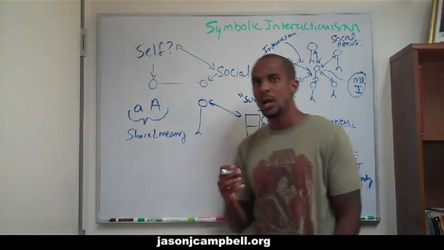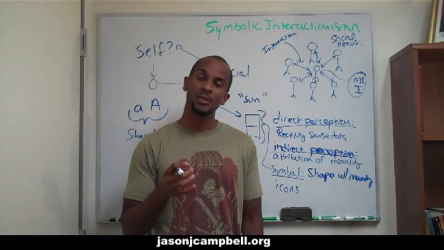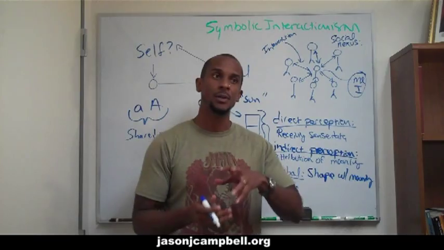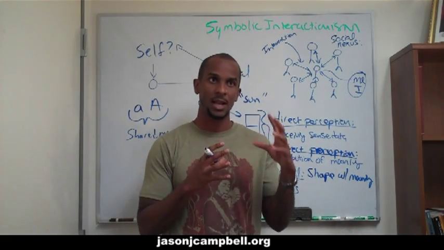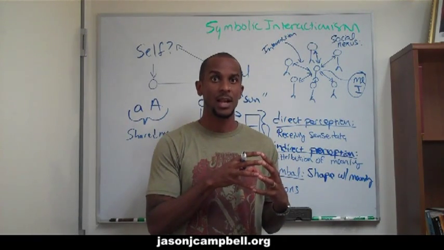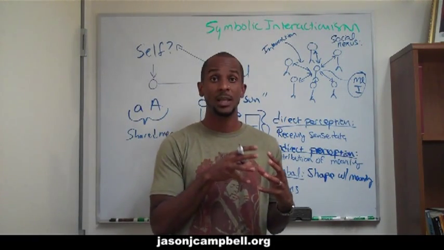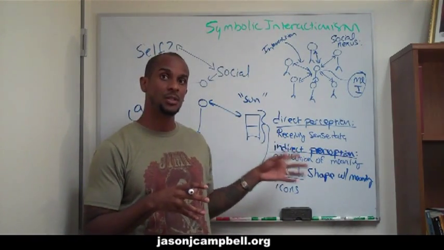Now, the reason why I introduced Berkeley in a discussion of symbolic interactionism is, it should be more apparent now, that using Berkeley's distinction between direct and indirect perception facilitates an understanding of symbolic interactionism, because we realize that symbolic interactionism takes place on the level of indirect perception, right?